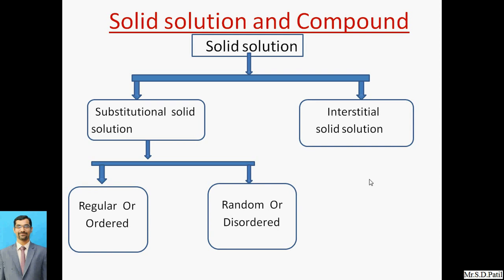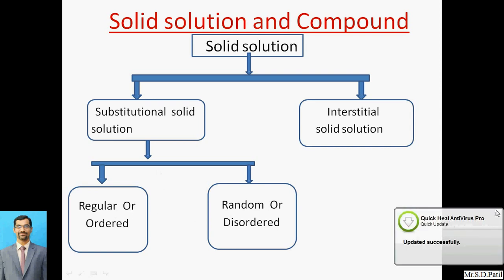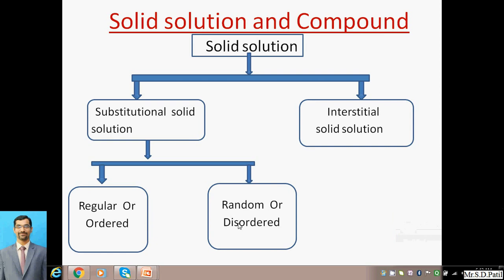The substitutional solid solution is again classified into two types: regular or ordered, and random or disordered. So substitutional solid solutions are divided into two parts again, regular and random, or as they are called, ordered and disordered.